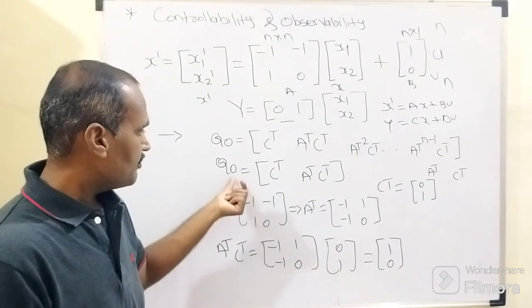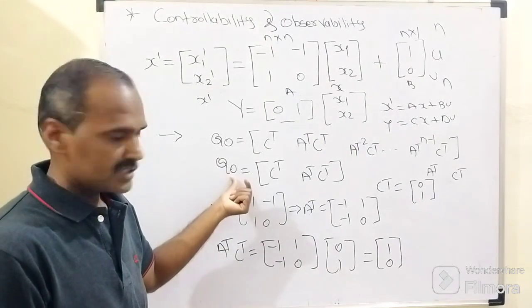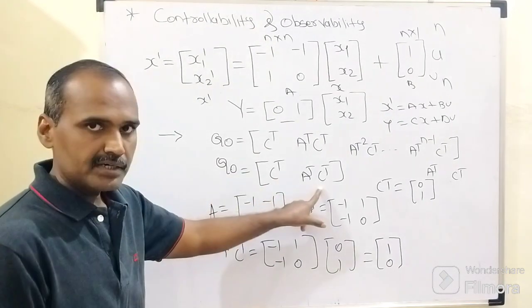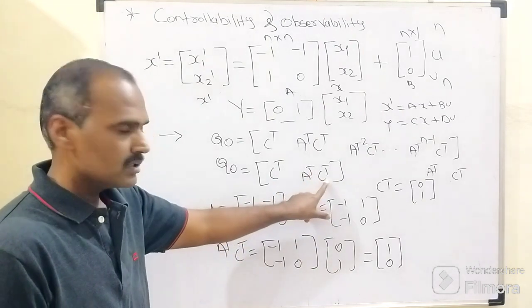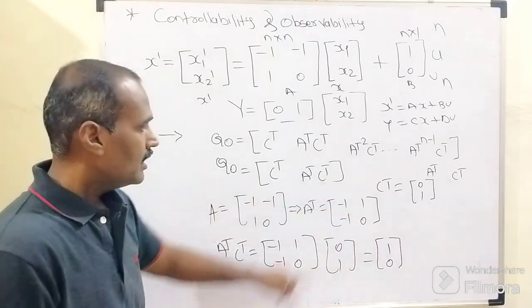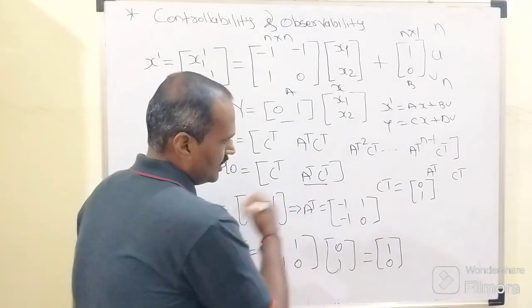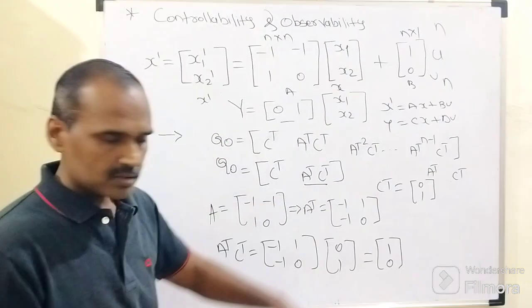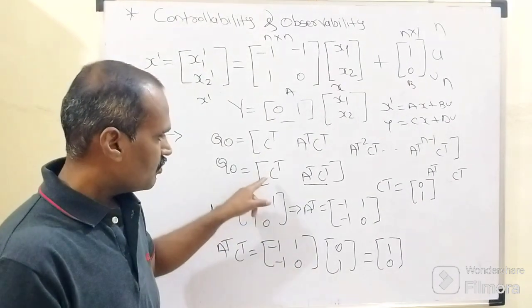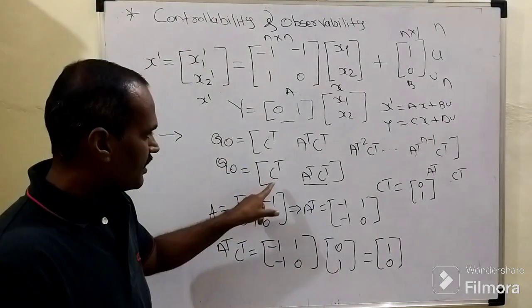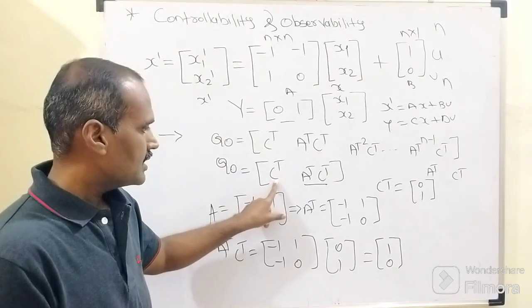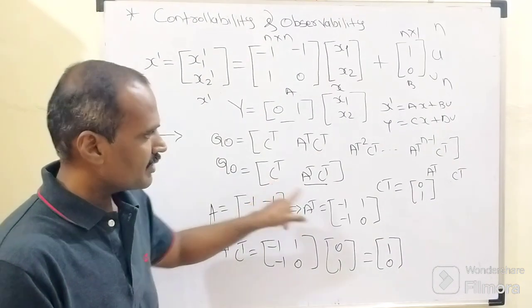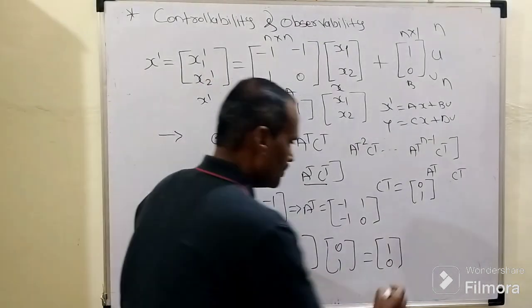What do we want? We want this observability matrix, which consists of these two adjacent terms, C transpose followed by A transpose into C transpose, right? So this term has already been tabulated, which consists of 2 rows and 1 column. Now what we need to do is simply consider the first term, C transpose, which consists of 0 and 1.